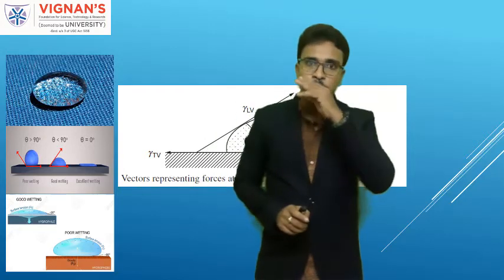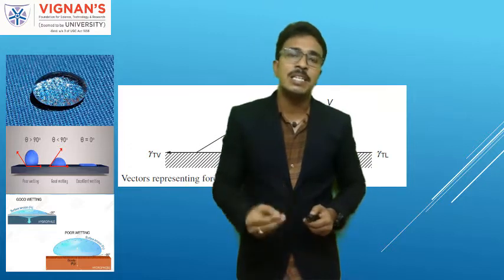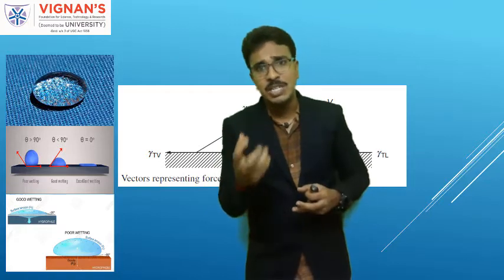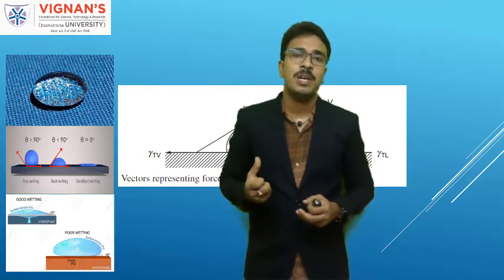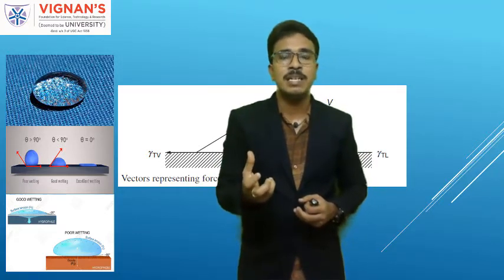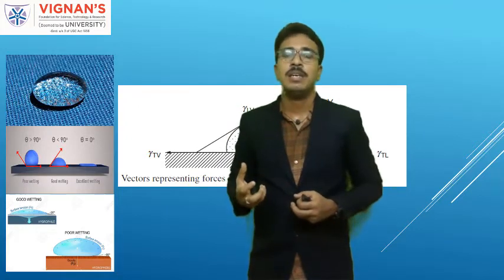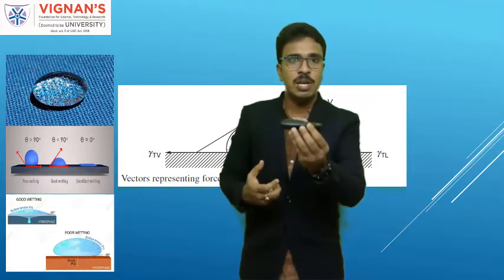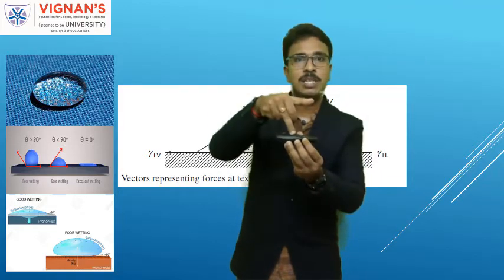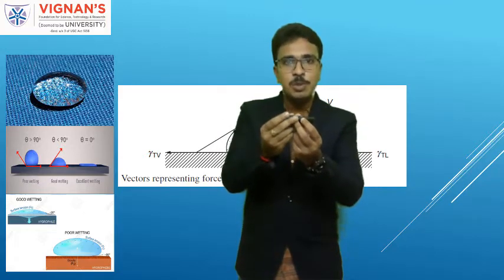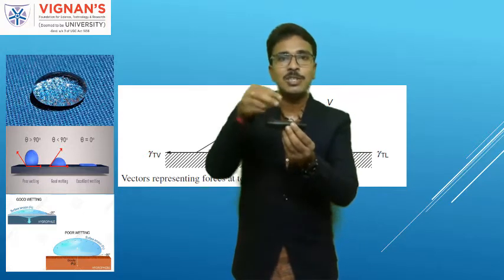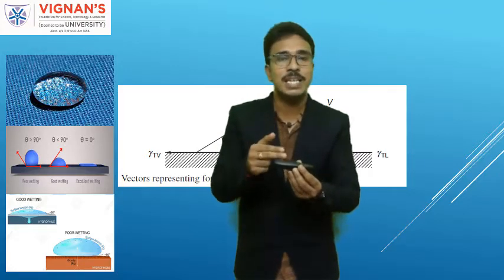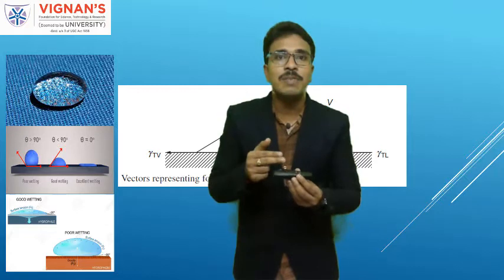Okay. So in the process of understanding water repellency, one should understand how actual wetting takes place. What is the phenomenon behind it, or what is this wetting? If you take a solid surface and put a drop of water, and the droplet is absorbed by the fabric or spreads across the solid surface, this is called wetting.